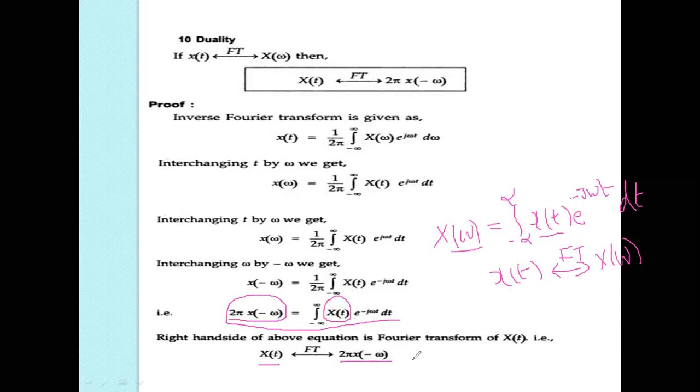It's the duality property. What we did here: taking the inverse Fourier transformation formula and interchanging t by omega.